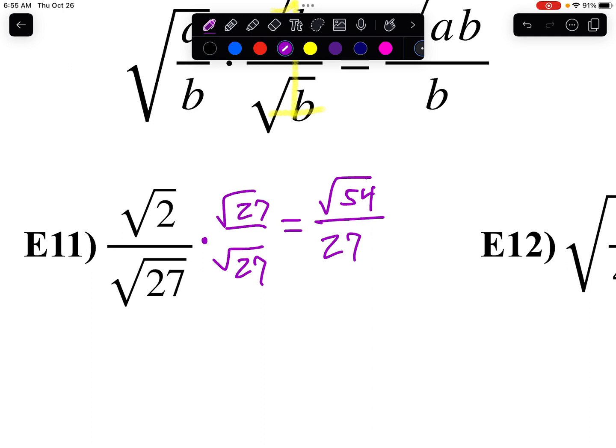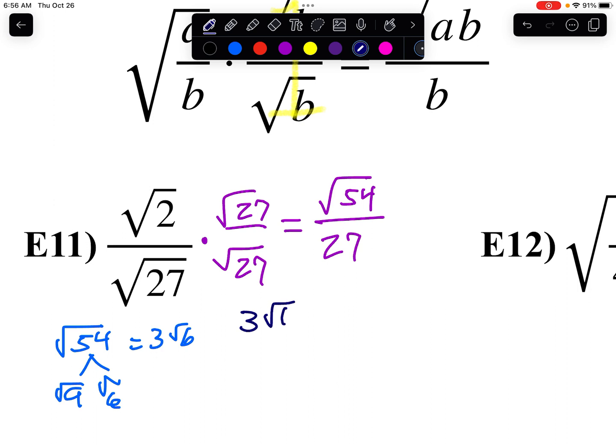Now, I still have to simplify the square root of 54. Notice the square root of 54 is the square root of 9 times the square root of 6. I can't break 6 down, so that's 3 square roots of 6. So in other words, I'm going to say 3 square roots of 6 all over 27.